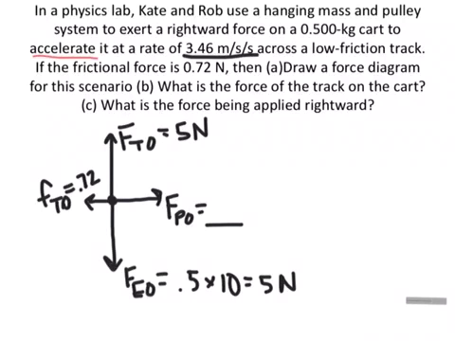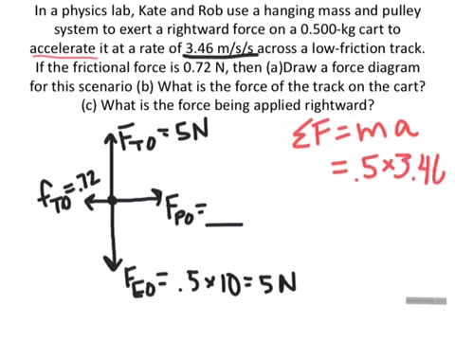So whenever you accelerate, you automatically should think of Newton's second law, which states sigma F equals mass times acceleration. We know it's a 0.5 kilogram object, and they told me my acceleration value, which is 3.46. So 0.5 times 3.46, that comes out to be 1.73 newtons.